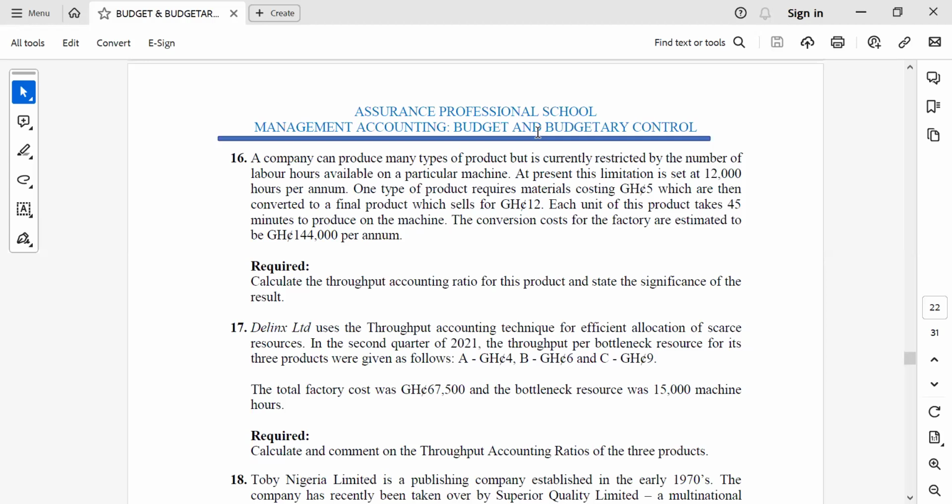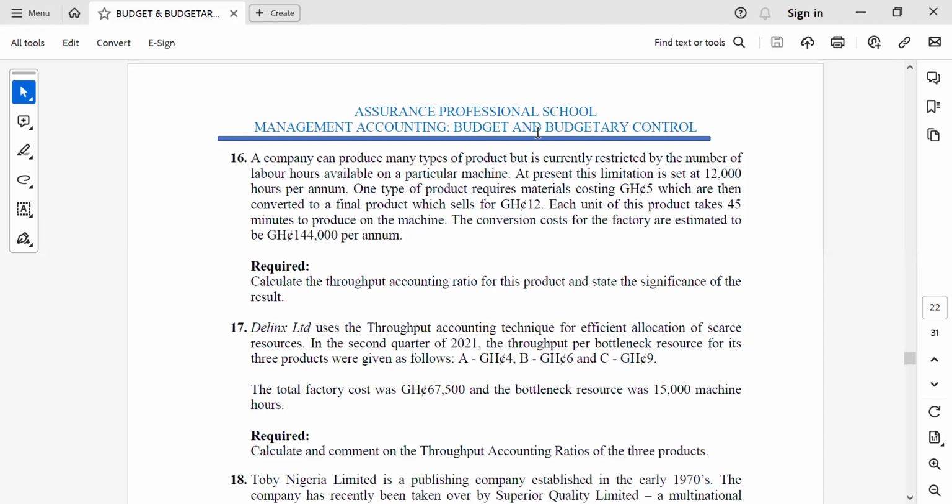The total factory cost was 67,500 Ghana cedis, and the bottleneck resource was 15,000 machine hours. Calculate and comment on the throughput accounting ratios of the three products.